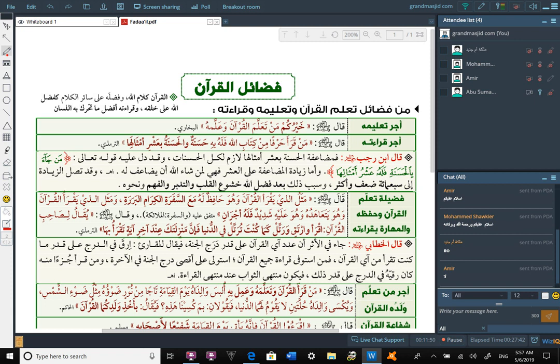Wa qira'atuhu, and its recitation, afdalu ma taharraka bihi al-lisan, is the best of what the tongue moves with. Are there any questions?